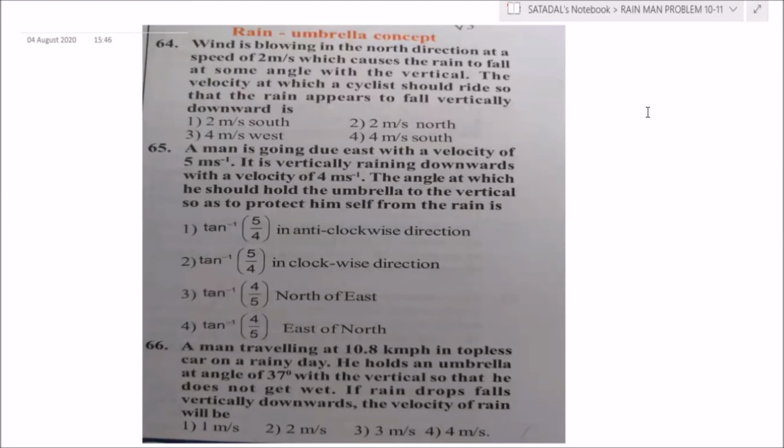Akash, tell me. Sir, for the first one, it will be 2 meter per second north, sir, because relative velocity should be 0 along the axis, sir. Yeah, correct. Finish all three questions. After that, I will take the answer. First, finish all three.